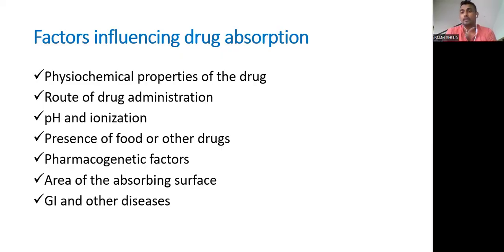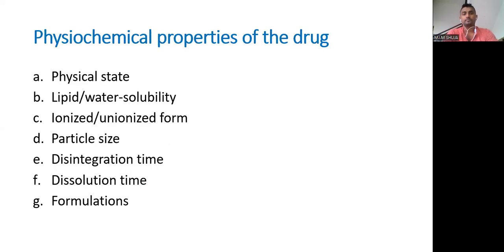The route of drug administration is also important, because if it bypasses your portal circulation, more drug will come to the blood. And the pH and ionization, presence of food and other drugs, and a few other factors. We will go into detail.